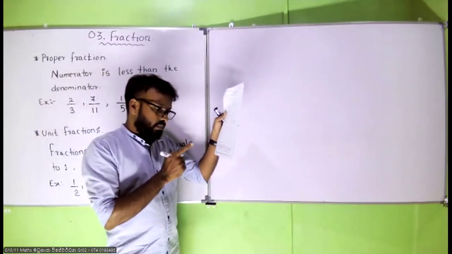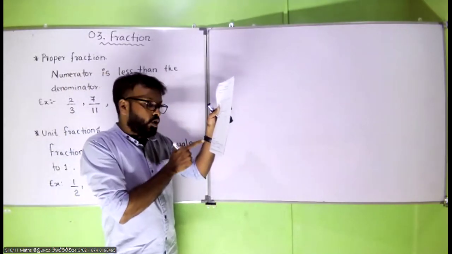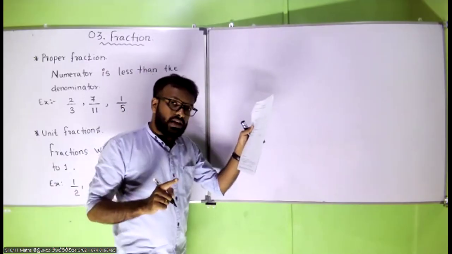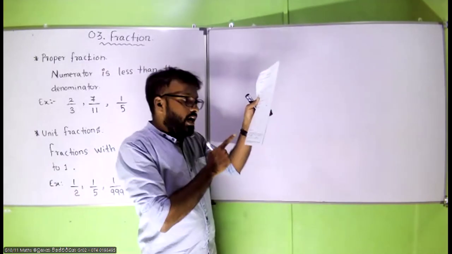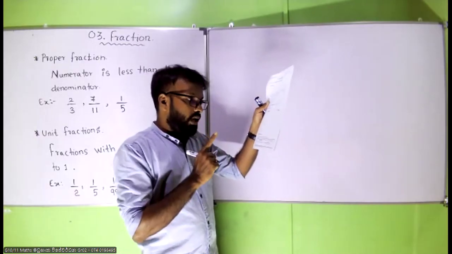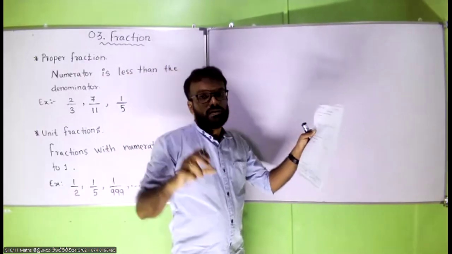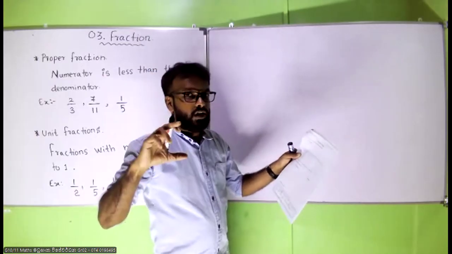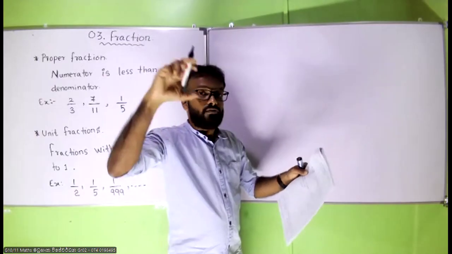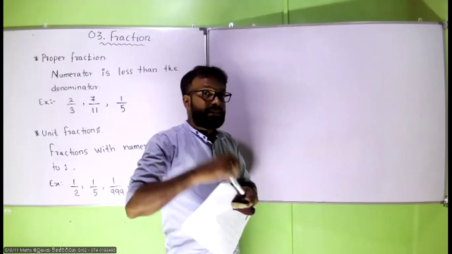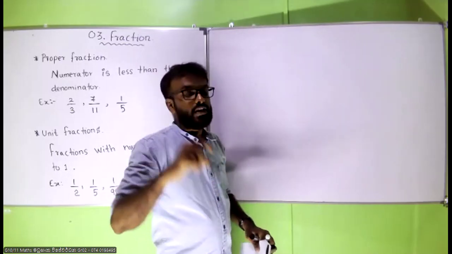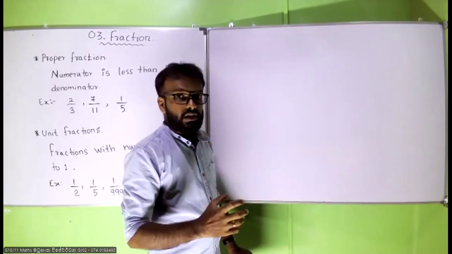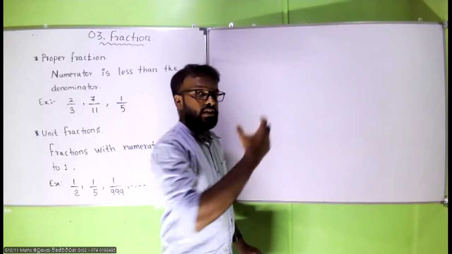So on page number 1, below you can see comparison of fractions. The first case I have given you is where numerators are equal and denominators are different. In that situation, your numerator is always fixed, but the denominator is different.